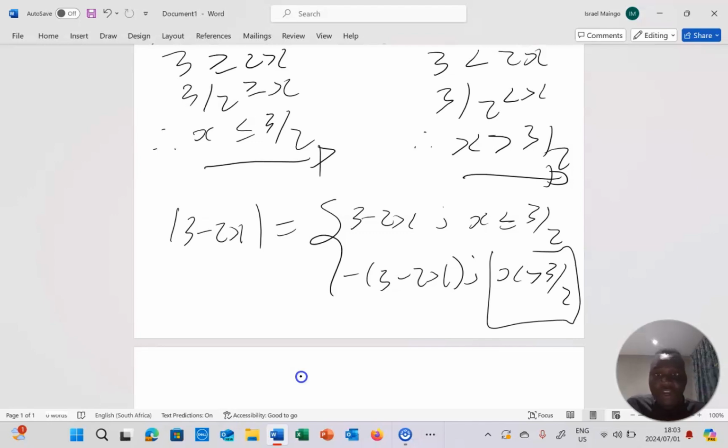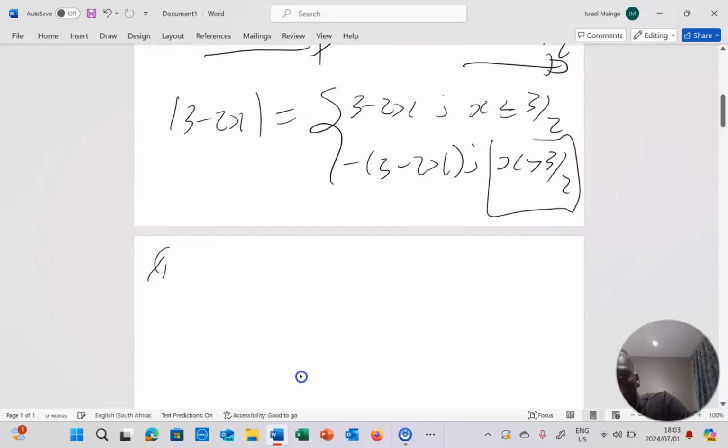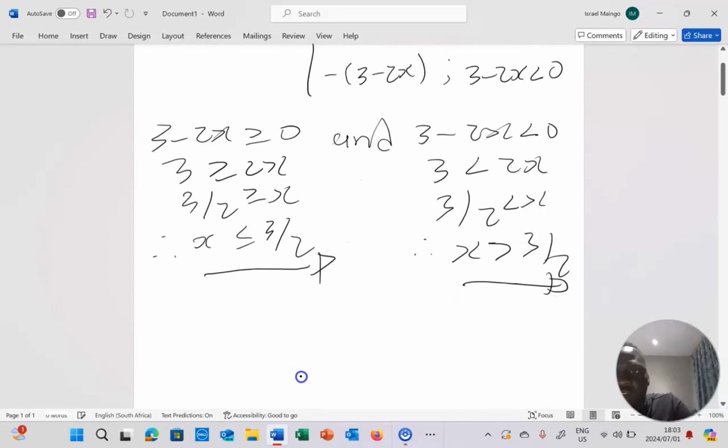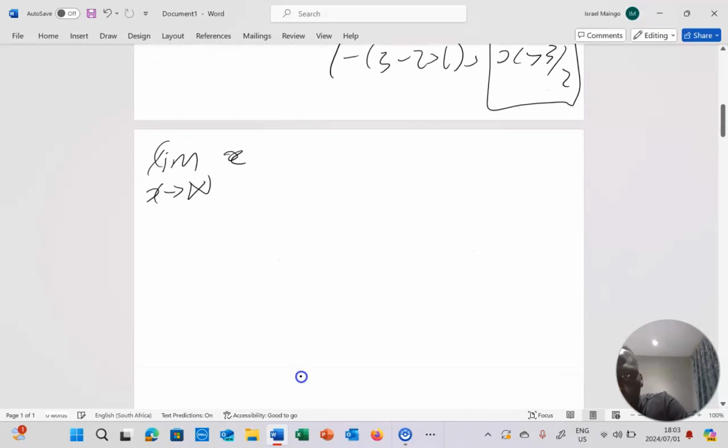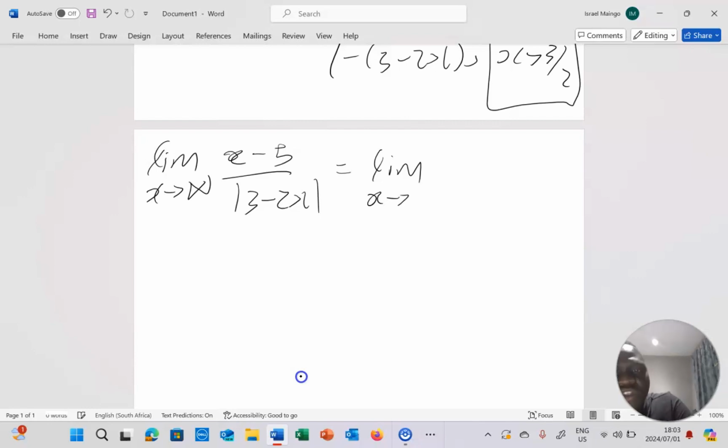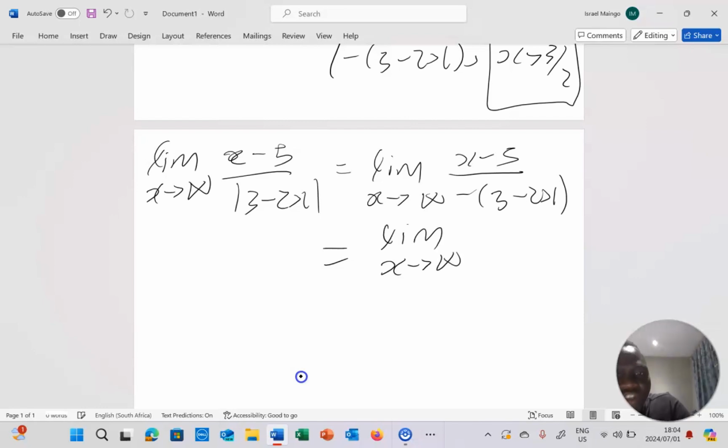So the limit as x approaches infinity of x minus 5 all divided by the absolute value of 3 minus 2x is equal to the limit as x approaches infinity of x minus 5 all divided by negative (3 minus 2x). When you distribute the negative, it will be 2x minus 3.